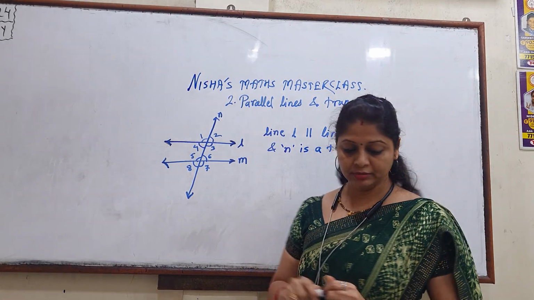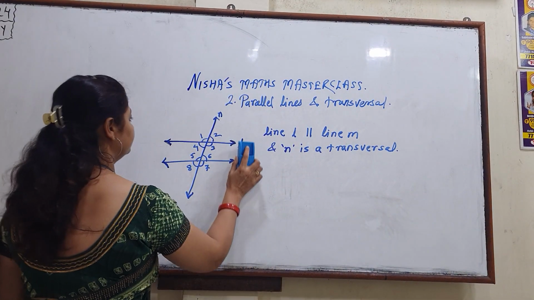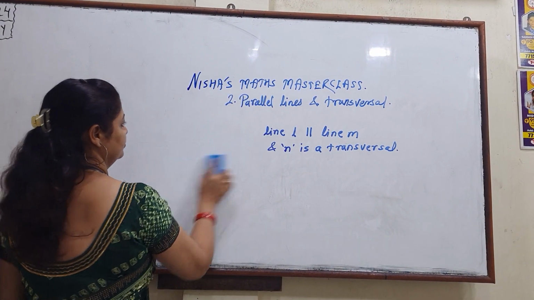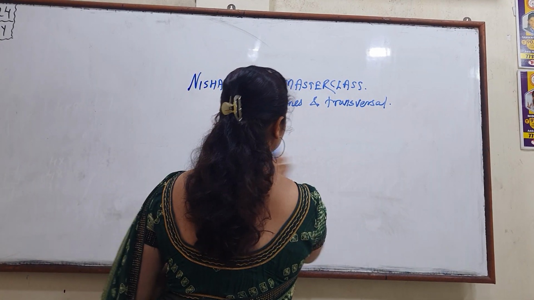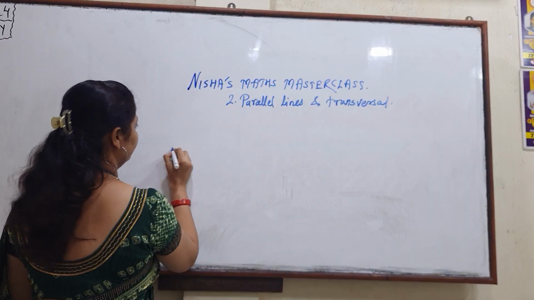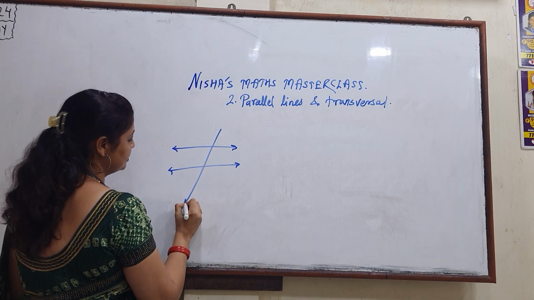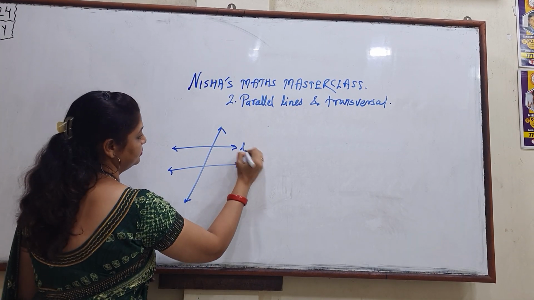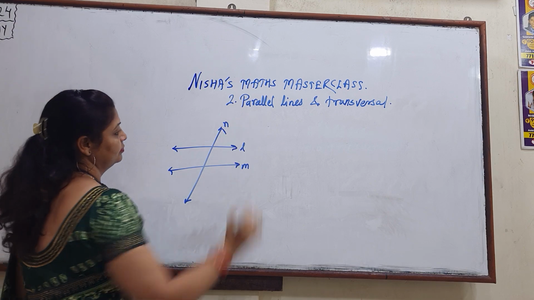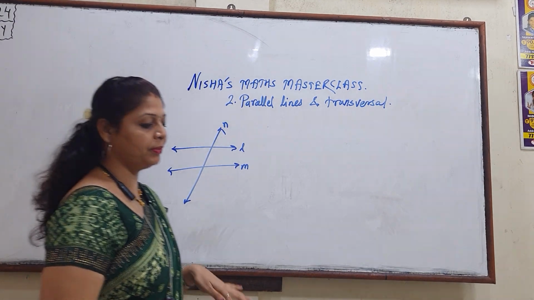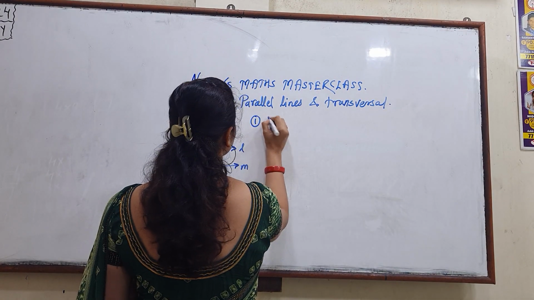Now I rub the board and start the next topic. Now see children, again these parallel lines are there, and this is our transversal. The first topic is the corresponding angle.